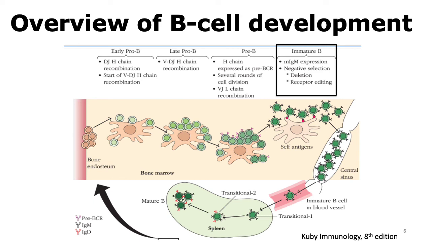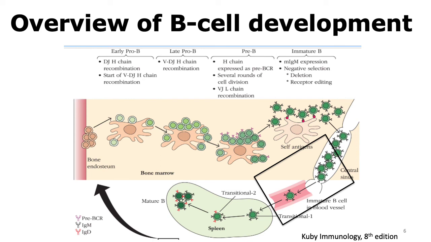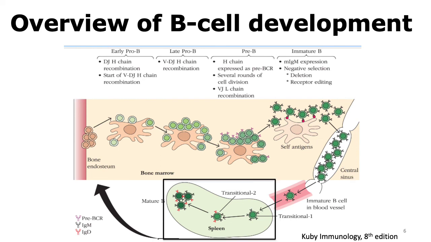The immature B cells will go through a screening process, and those that have been able to get through the screening process and survive the process will then leave the bone marrow and go into the blood. From the blood, they will eventually go to the spleen, where the immature B cells will then go through a transition 1 and transition 2 state of differentiation to ultimately form mature B cells.